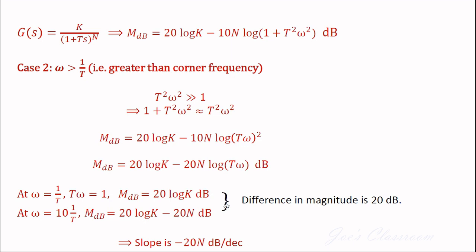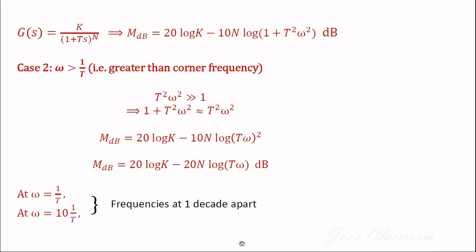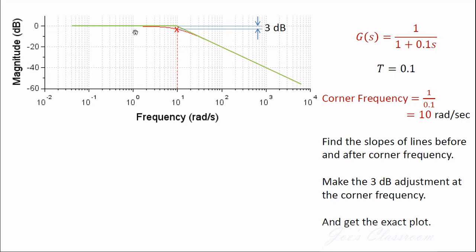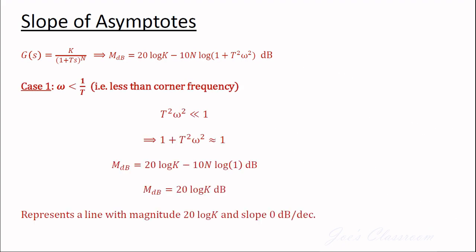If you clearly observe these two equations, since the magnitude reduces by 20n, the slope is minus 20n decibels per decade. And therefore, this line is going to have a magnitude of 20 log k, and this line is going to have a slope of minus 20n. So if I know these two parameters and this corner frequency, immediately I can draw the Bode asymptotic plot.